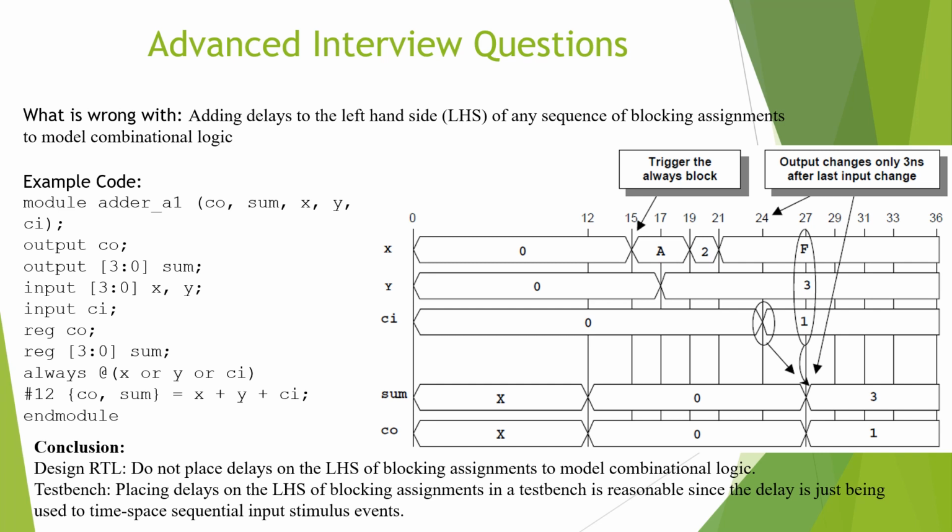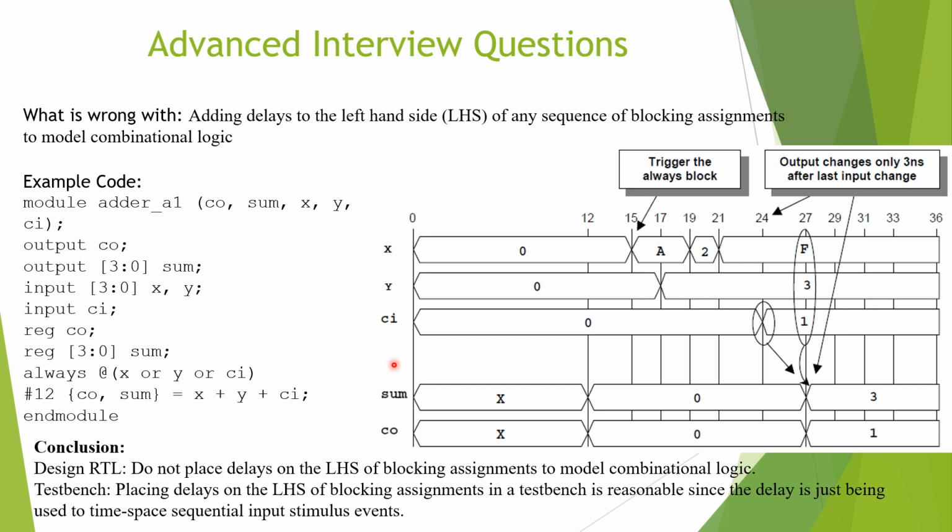Here I have a #12 delay on the left-hand side of this blocking assignment. So when we simulate this example code, the output should be updated 12 nanoseconds after the input changes because of this #12 delay, and we are trying to model combinatorial logic.